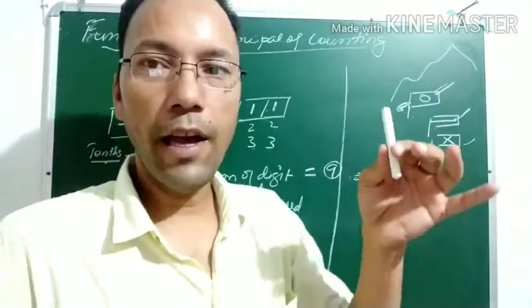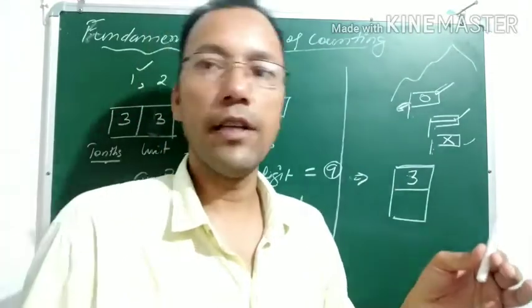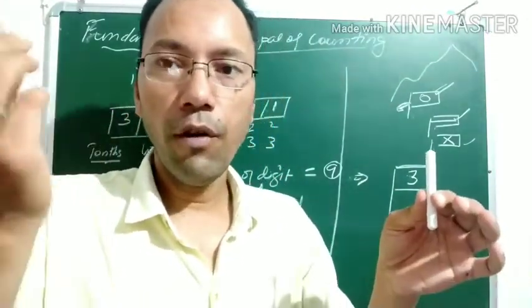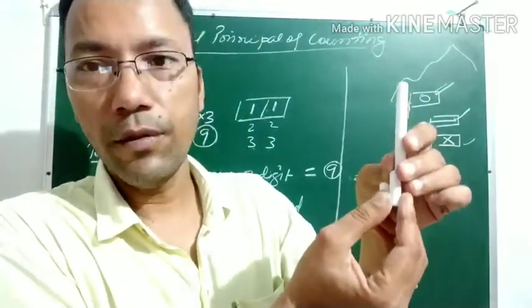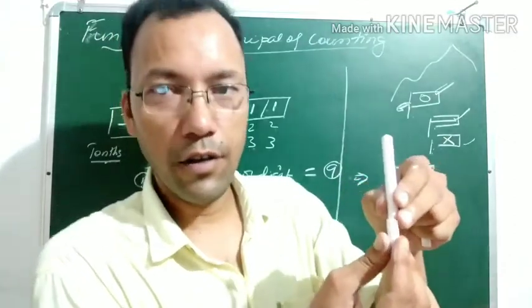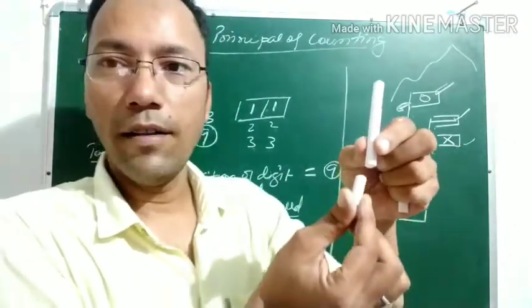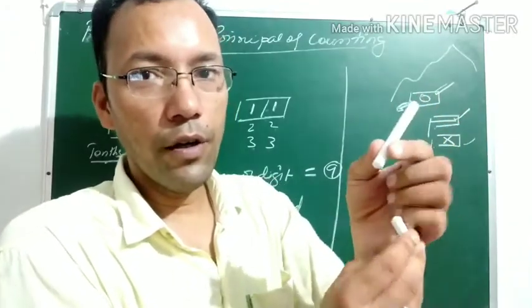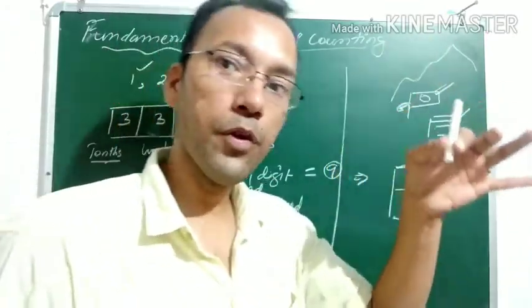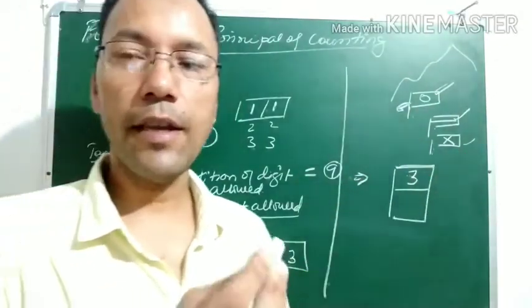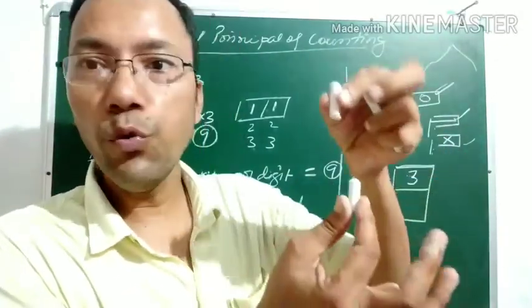And now I have only two chalks available to show, right? So whether I show this one first or that one, it is not magic. For the first position I have 3 choices, and for the second position I have only 2 choices.